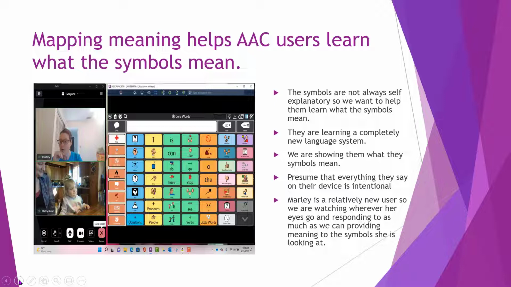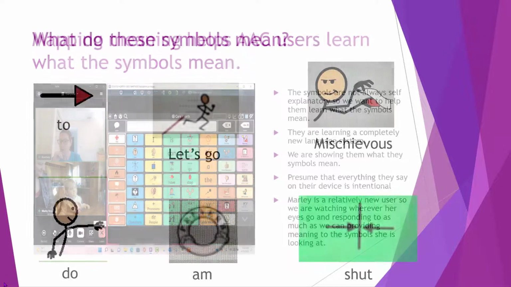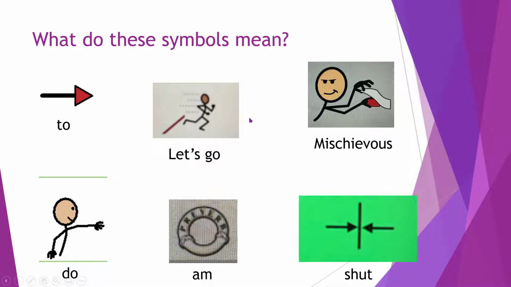For example, if my kiddo says the word to, we are going to the store, or we went to school. We're going to use it in a couple different ways so that they understand that word means you're going someplace. If we land on mischievous, I'm going to say, oh, my little brother was being so mischievous the other day.